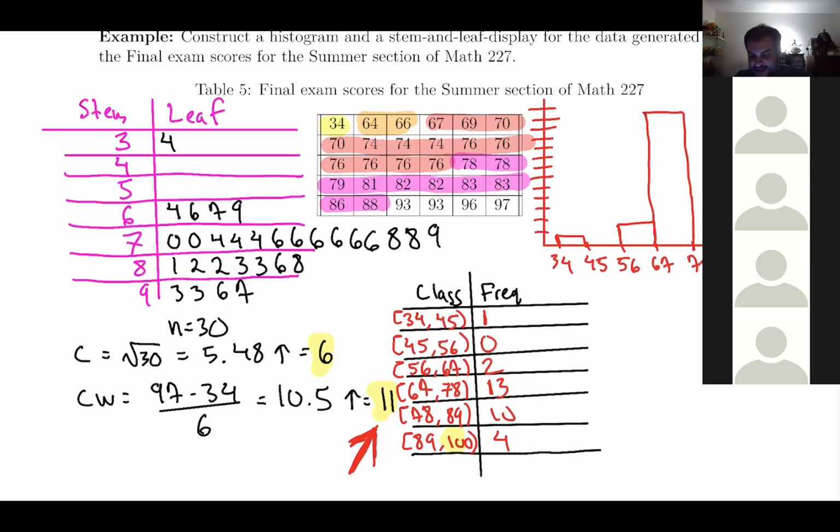And then 78 to 89 is 10. Should be roughly somewhere there. And then lastly, 89 to 100 should be 4. Cool. And that's our histogram. All right. Any question in regard to how you constructed that histogram?